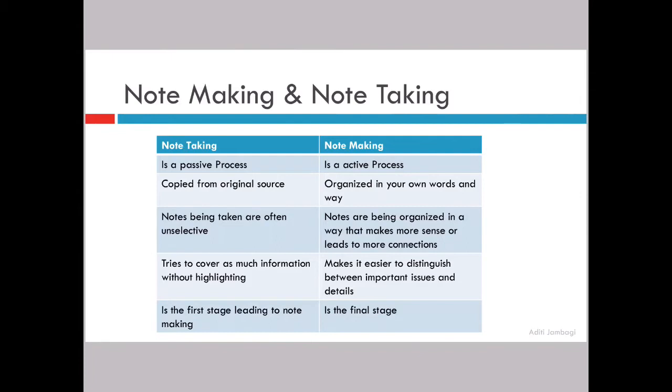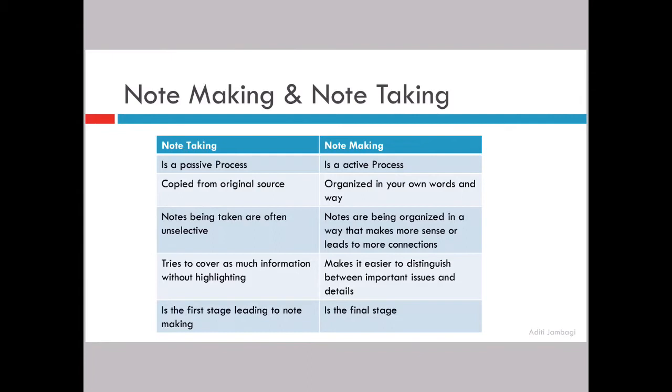But note making makes it easier to distinguish between important issues and details, because you know the entire idea or the entire text. You can distinguish between what is important and what is not so important, or what can be rejected, or what can be substituted. All these things you can do in note making.